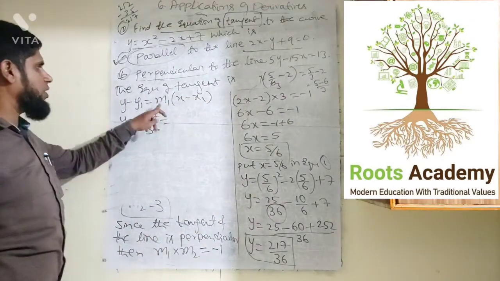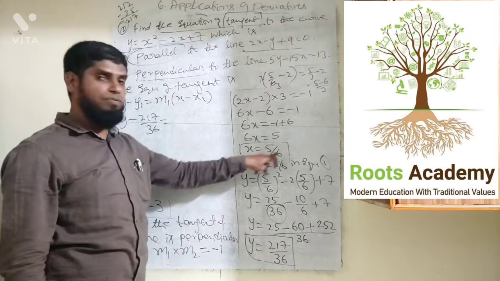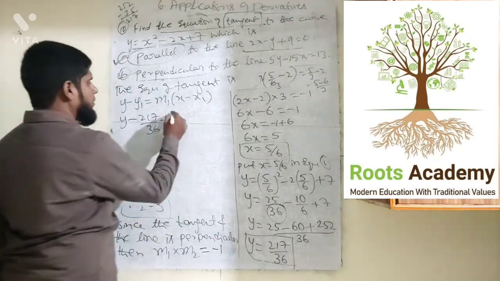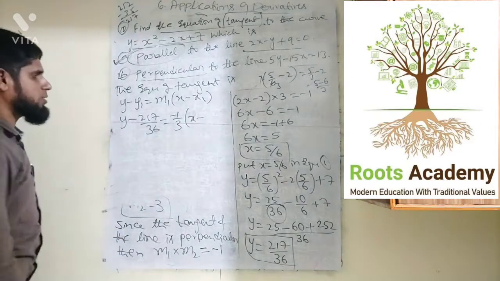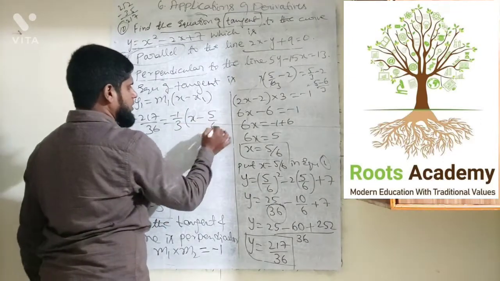Then the final m1, the final slope of the tangent at x equal to 5 by 6, is minus 1 by 3, times x minus x1, which is 5 by 6.